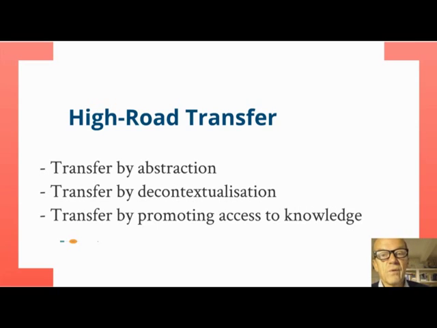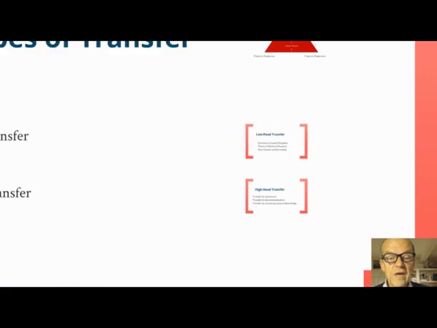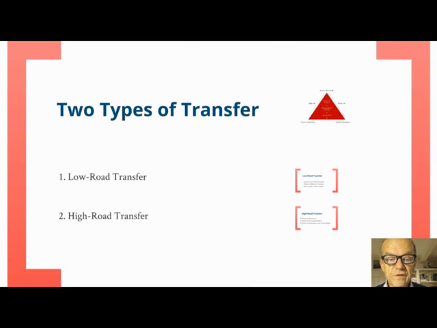So these are all ways to promote access to knowledge and help students to arrive at high road transfer. Okay, now we have discussed two types of transfer, and we are able, I think, to proceed to the next unit in this module.